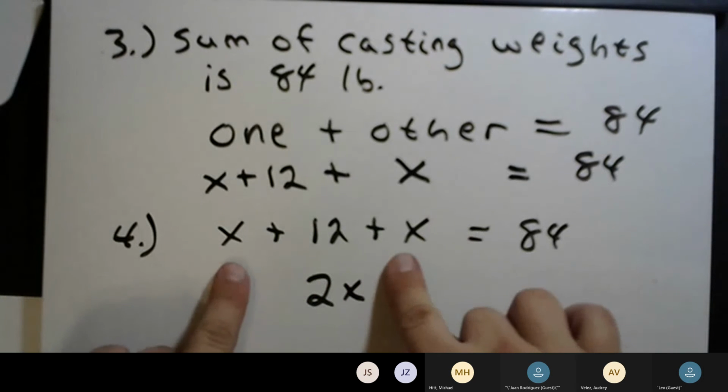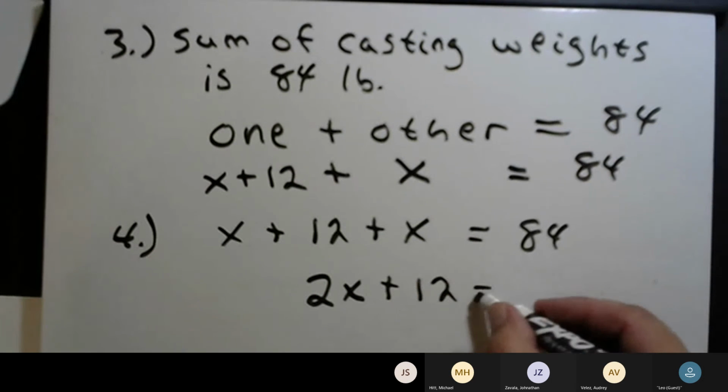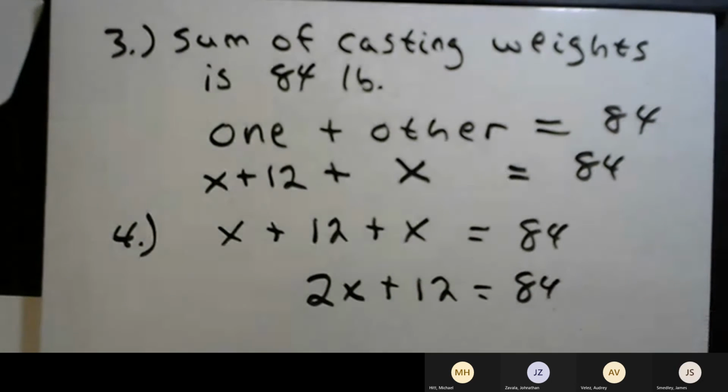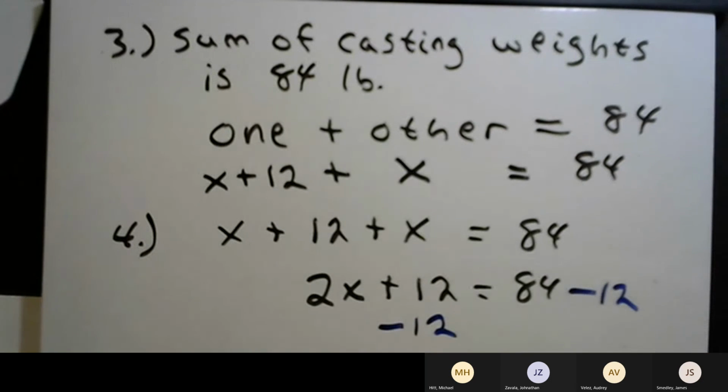Now again, we gather like terms. We get 2x plus 12 is 84. Subtract 12 from both sides. We'll get 2x equals 72.